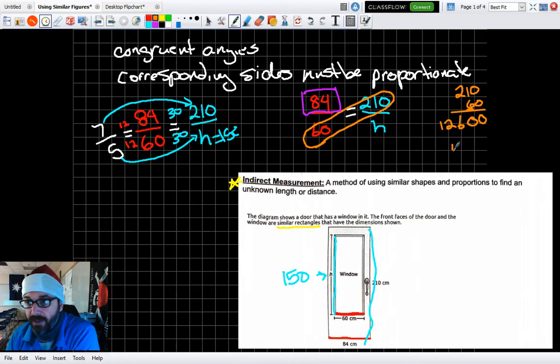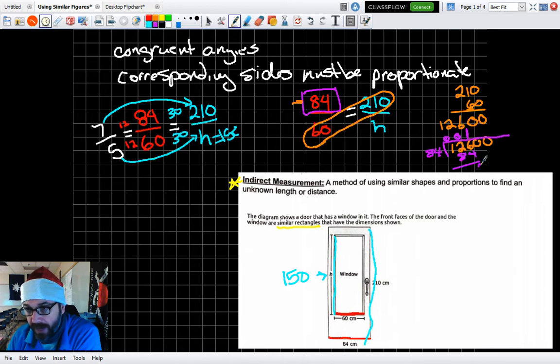So I have 1,200, or I'm sorry, 12,600, and I now need to divide that by 84. 84 goes into 1, 0 times, 84 goes into 12, 0 times, 84 goes into 126, 1 time. 84, subtract 2, 12 from 8 is 4, bring down the 0, so 420. 84 goes into 420.